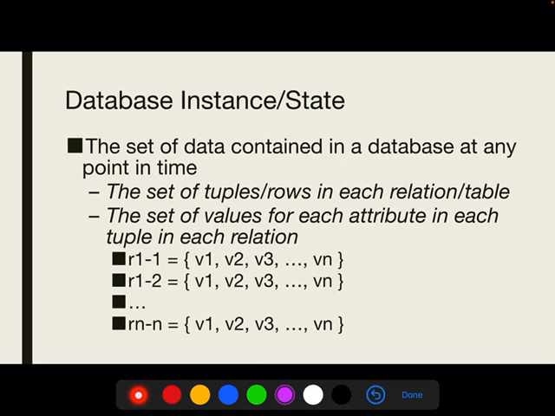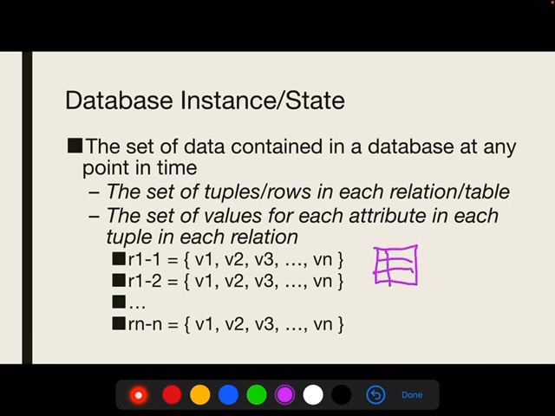Now, a database instance or state is the set of data that's inside it. Now, this data that's in a database is changing all the time. So a database instance is a snapshot in time of the data that's in the database, which means it's the set of all the rows in all the tables in the database.